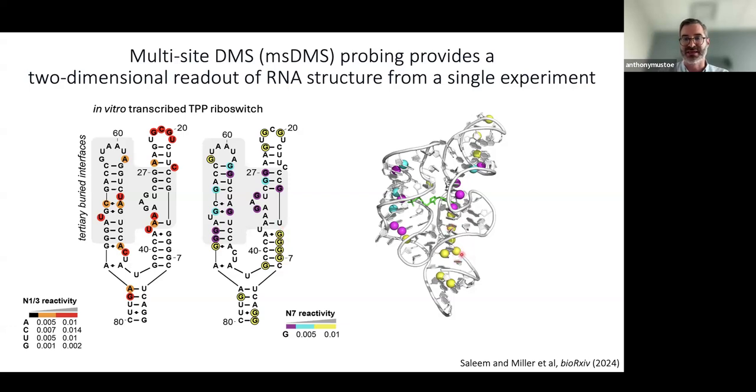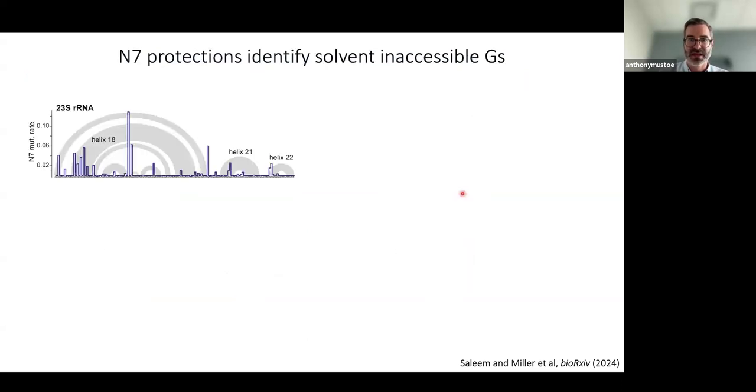And if we look at these now on the three-dimensional structure, you can see that these are highly solvent exposed, whereas these unreactive positions shown here in blue and purple tend to be solvent protected by the tertiary structure. So we extended this experiment to a larger RNA to get more data.